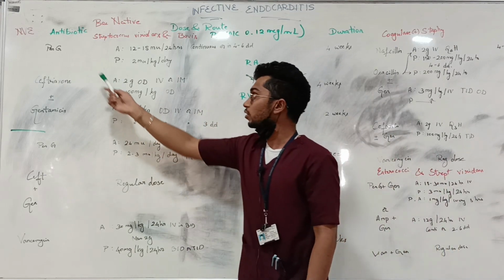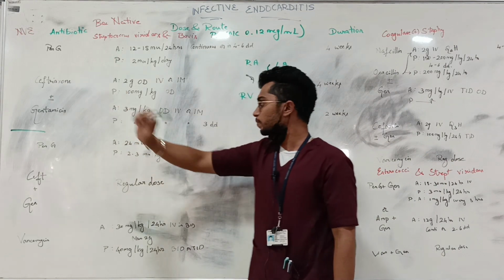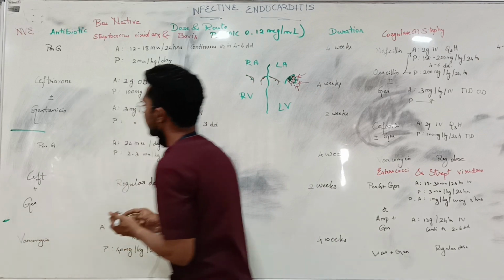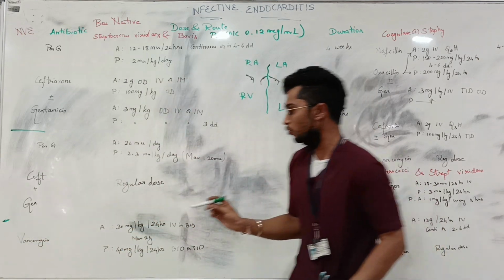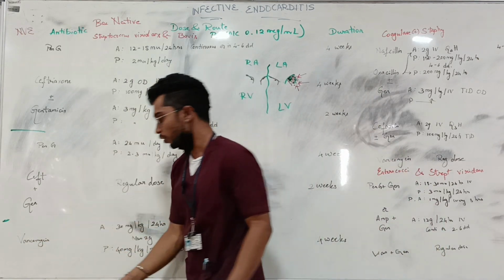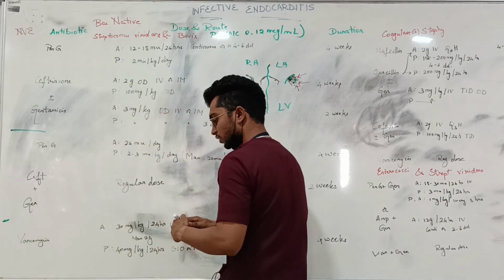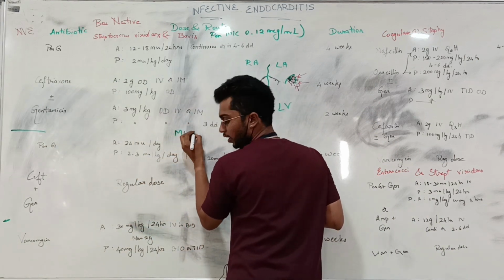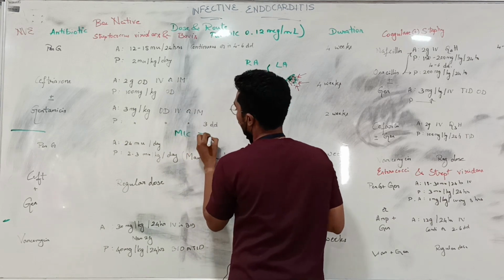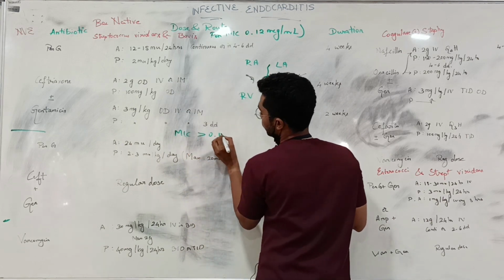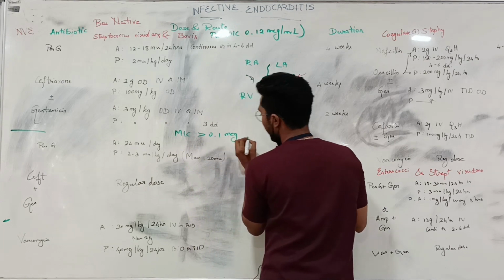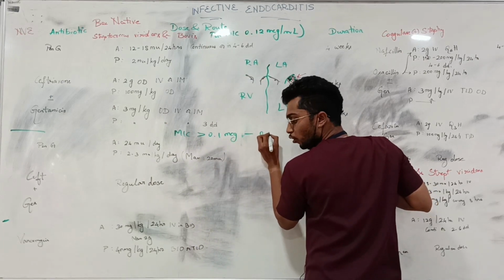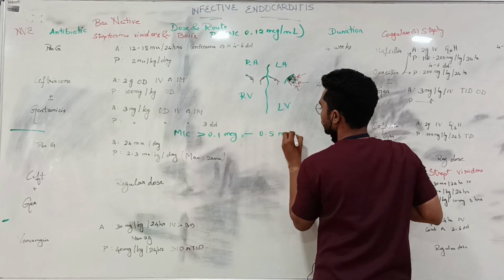So this is for penicillin susceptible. And this is for penicillin resistant. For penicillin resistant also, we still use penicillin G. But they classify it as resistant because they have an MIC greater than 0.1 mcg, in the range of 0.1 mcg to 0.5 mcg.